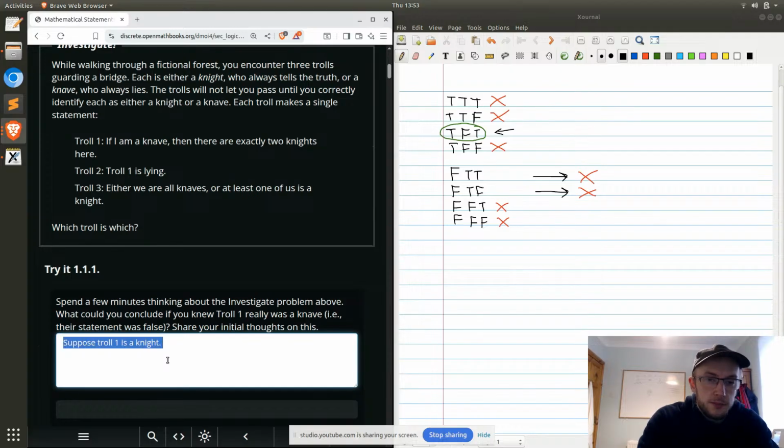So I think that troll 1 is a knight, troll 2 is a knave, troll 3 is a knight. This is consistent.